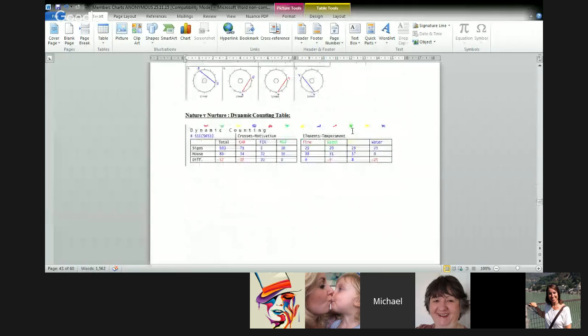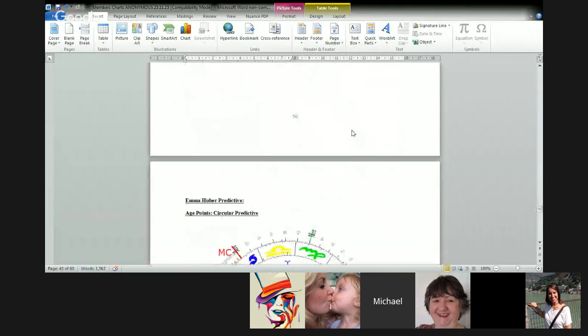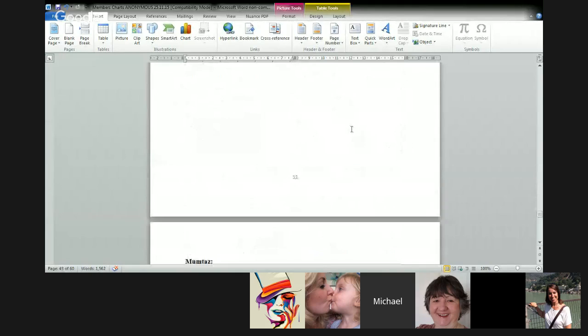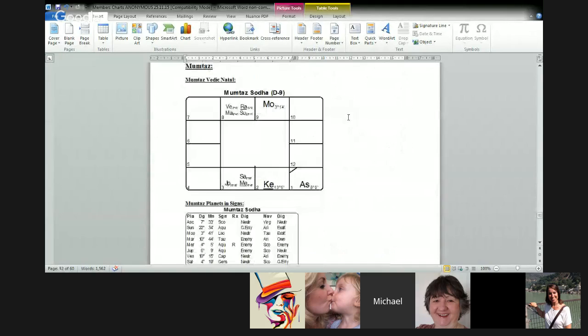And lastly, Mumtaz. So Mumtaz has ascendant in Virgo in... Oh, that's her Navamsha. It says Vedic natal, but it's actually her Navamsha.